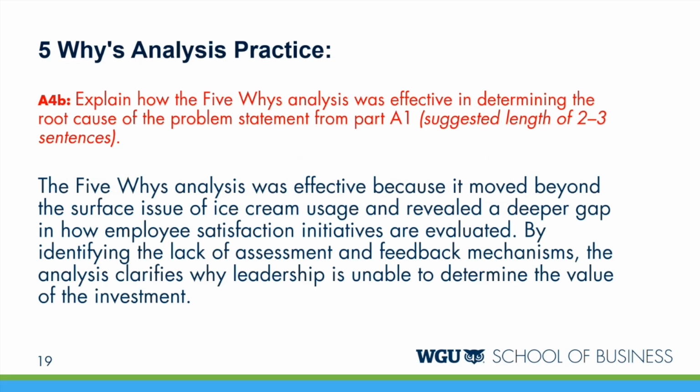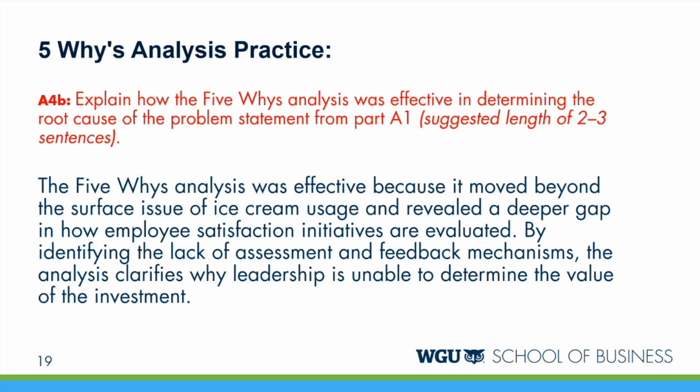And then B of that same question on your task overview: explain how the 5 whys analysis was effective in determining the root cause of the problem statement. Suggested length 2 to 3 sentences, can be a short answer. So here's what we came up with in this example. The 5 whys analysis was effective because it moved beyond that surface issue of ice cream usage and revealed a deeper gap in how employee satisfaction initiatives are evaluated.